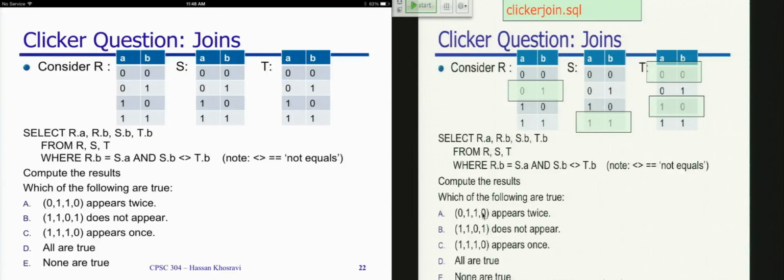And that final value is coming from S.B, the second value here, being different to T.B. So there are two ways that you can get this. You can get it through this combination or this combination.